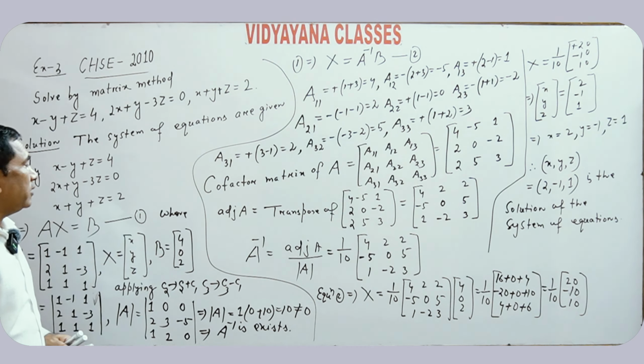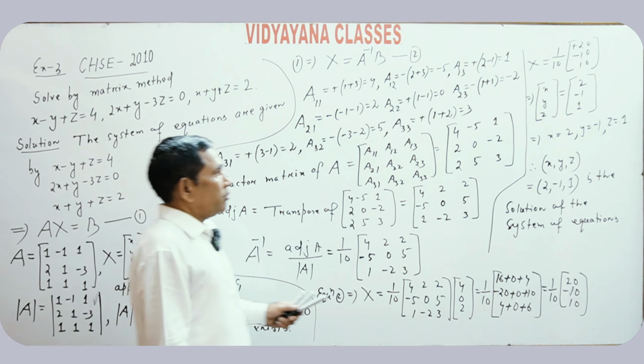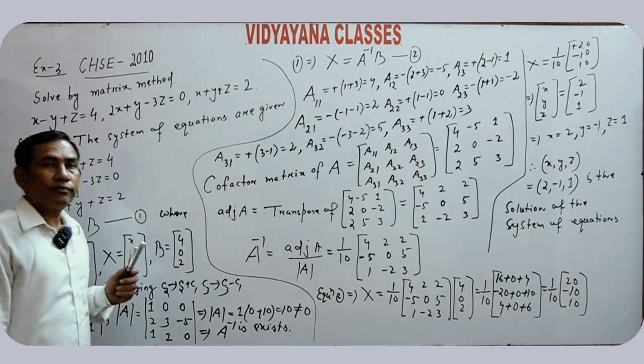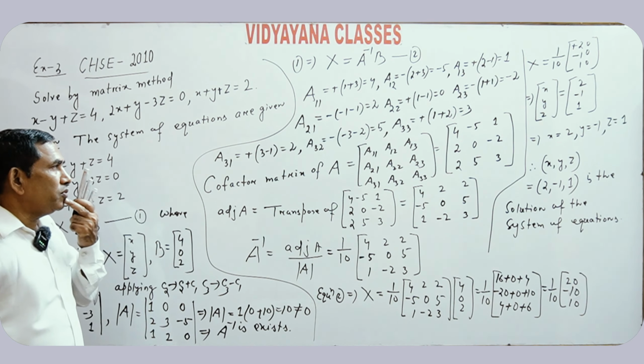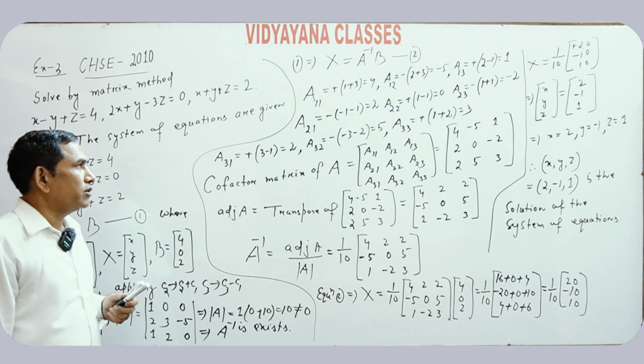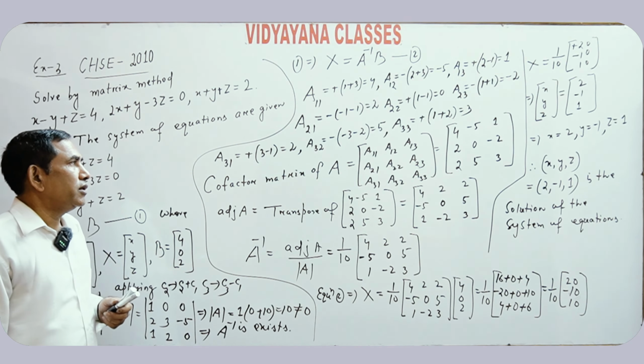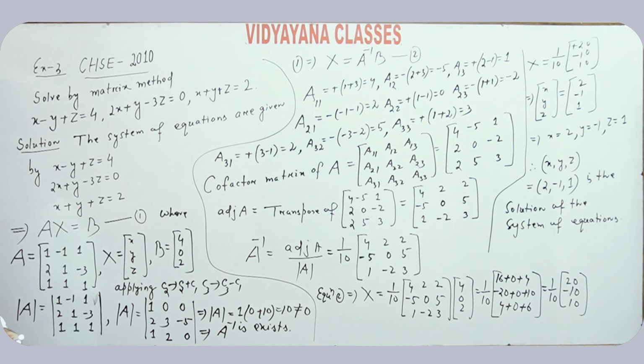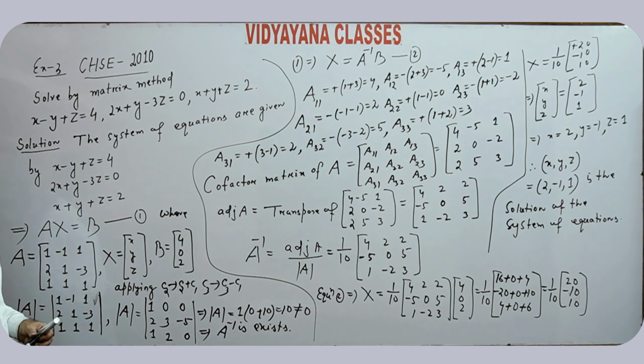Satisfies the third equation. x, y, z satisfies the system of equations. Therefore, x equal to 2, y is equal to minus 1, z is equal to 1 is the unique solution of the system of equations. Are we clear? Okay, write down.